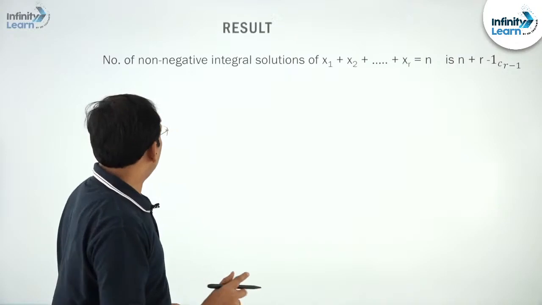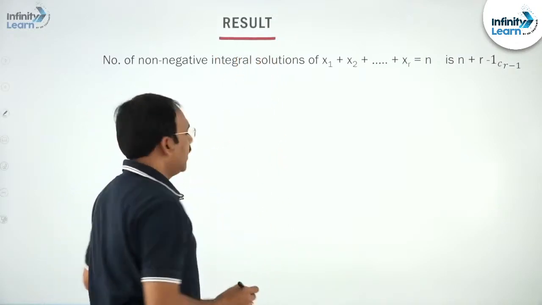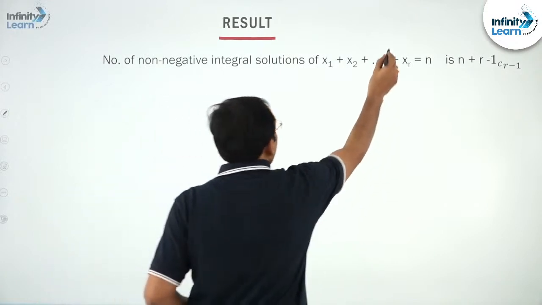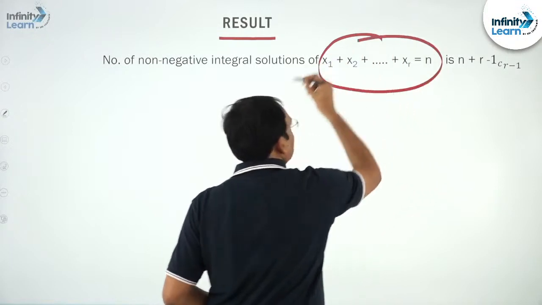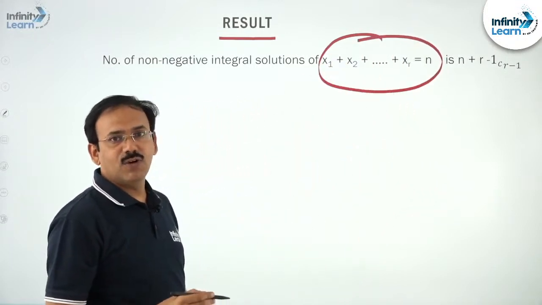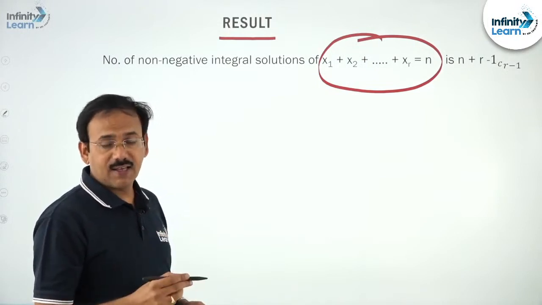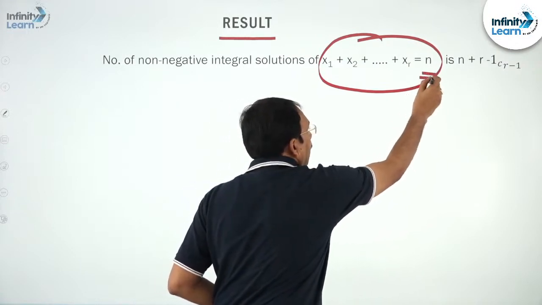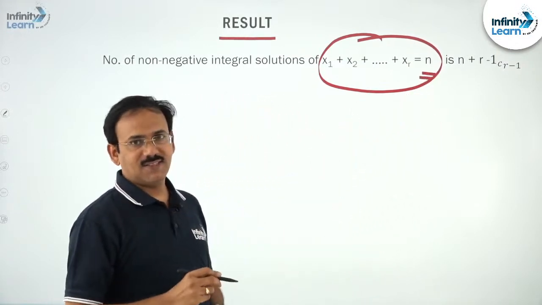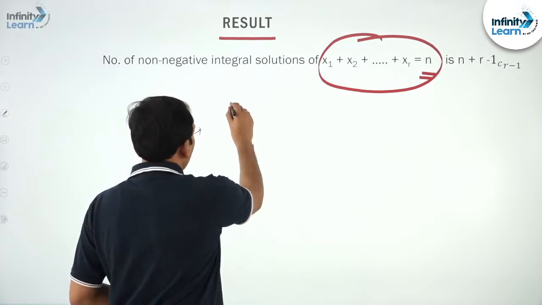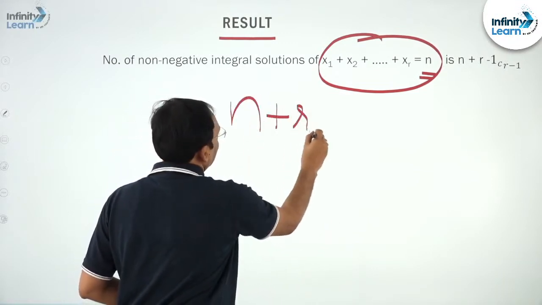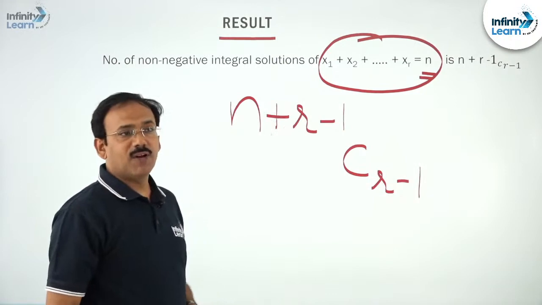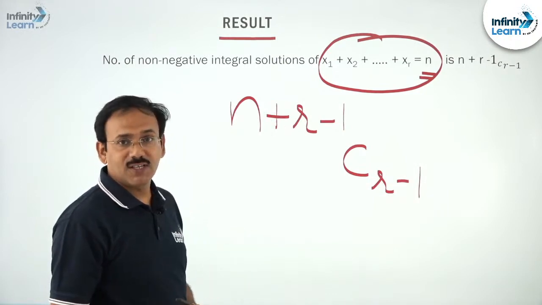One is this result: the number of non-negative integral solutions of the equation x1 plus x2 plus x3 and so on up to xr is equal to n is just like the number of ways of distributing n identical balls into r boxes. The formula is n plus r minus 1 C r minus 1. This formula is going to play a vital role in this particular topic.